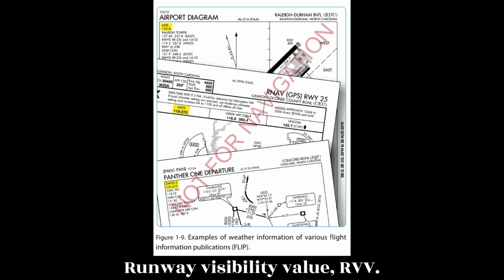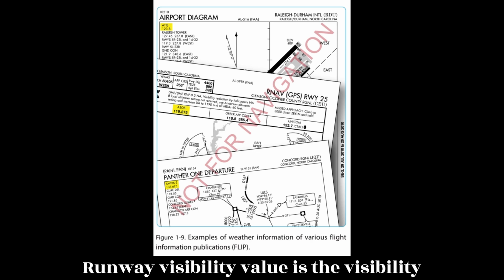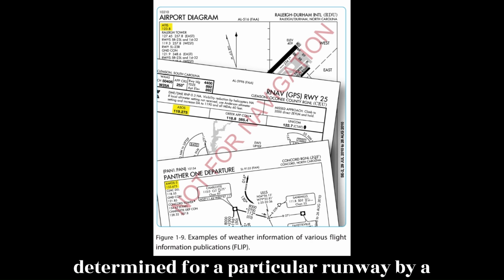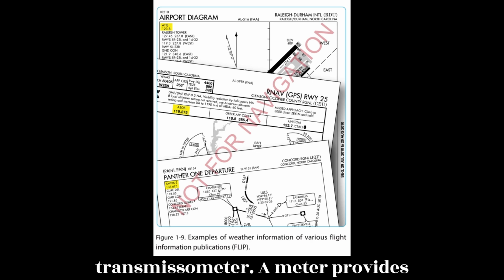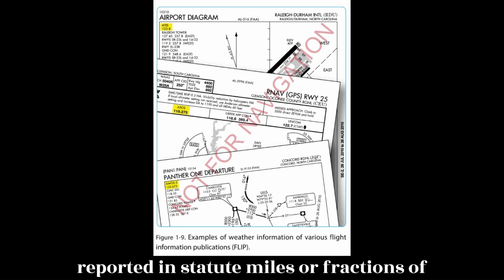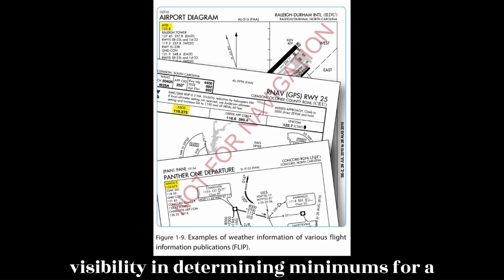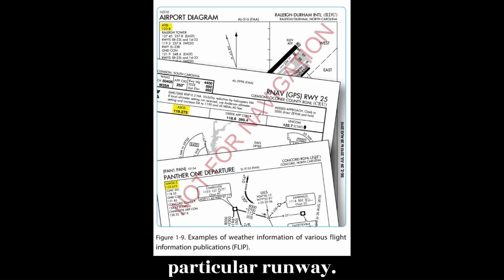Runway Visibility Value, RVV. Runway visibility value is the visibility determined for a particular runway by a transmissometer. A meter provides continuous indication of the visibility, reported in statute miles or fractions of miles. For the runway, RVV is used in lieu of prevailing visibility in determining minimums for a particular runway.